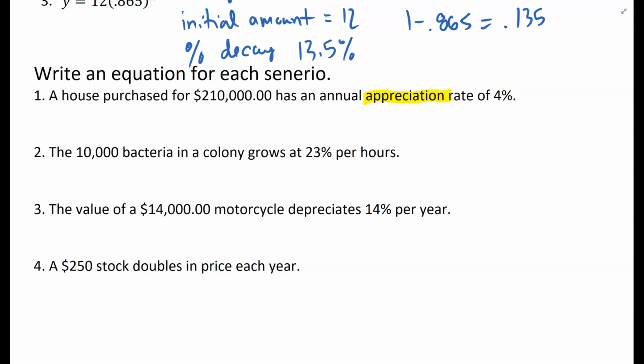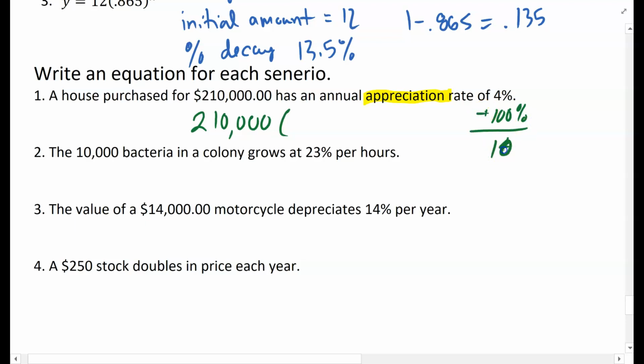But if we're just going to write an equation for the scenario, the initial amount is $210,000, and it is appreciating at 4%. If it's appreciating, it's increasing in value, so you know your b value has to be greater than 1. If we take 100% plus 4%, so 100 plus 4, we get 104%, which is 1.04.